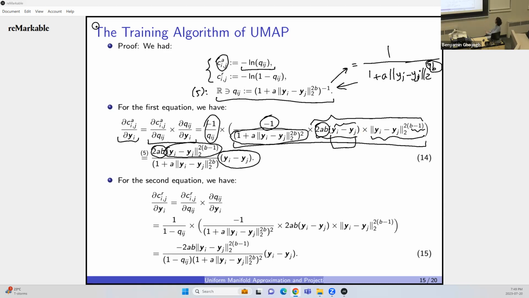Oh, okay. We had this 2ab, qi, 2b. I've forgotten what happened here.